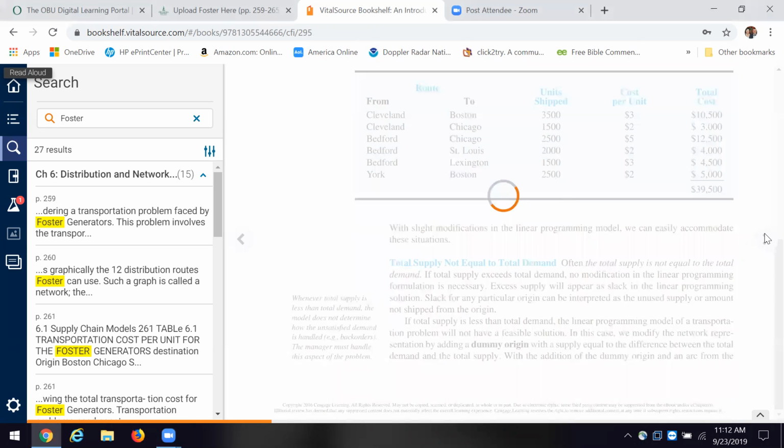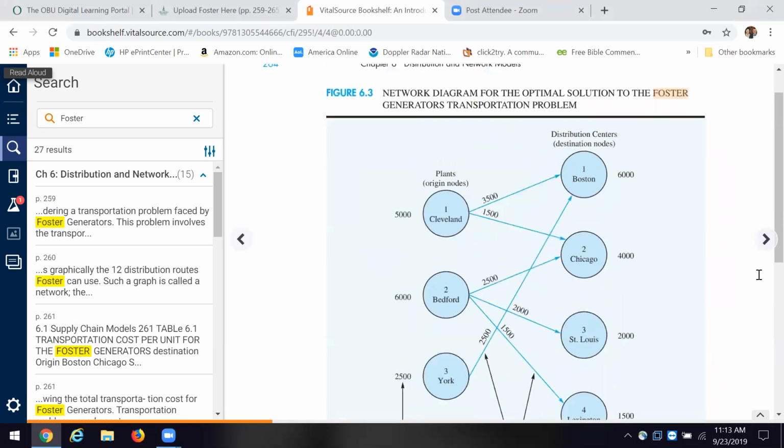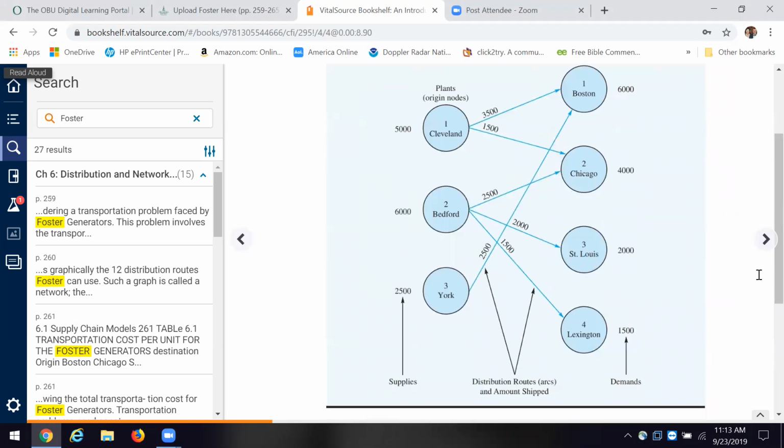Okay? And then they show us the optimal solution. And it's cleaned up a little bit. Now this is the optimal solution in terms of on paper.